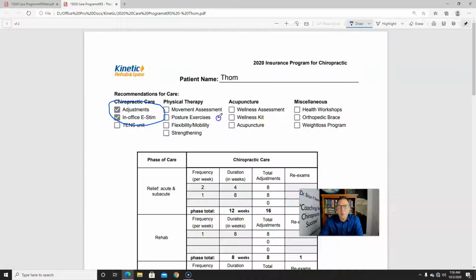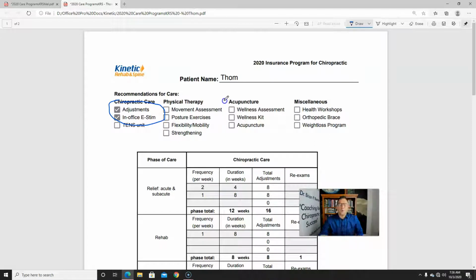We only present a plan when the patient is ready to hear it. Don't present a plan to your patients when, one, they don't get the benefits of the care you're providing, two, they have a barrier, they have a wall that they're pushing against that they don't quite see the value.